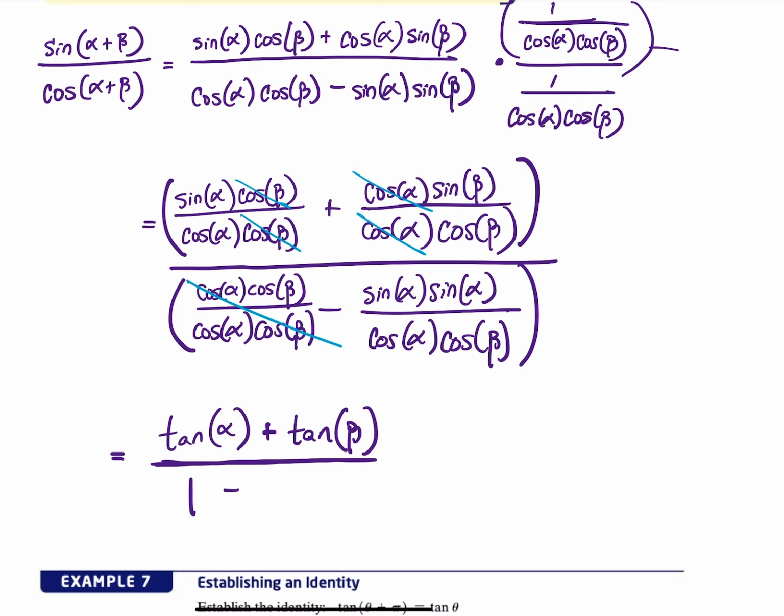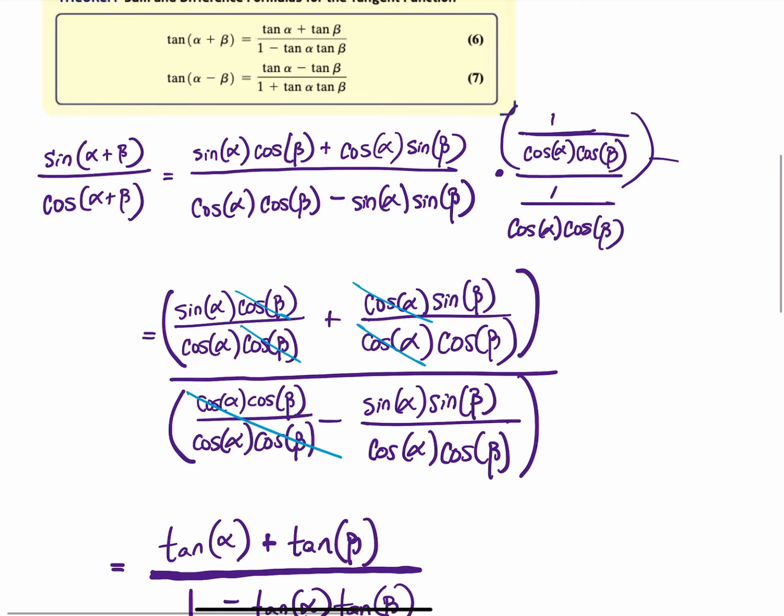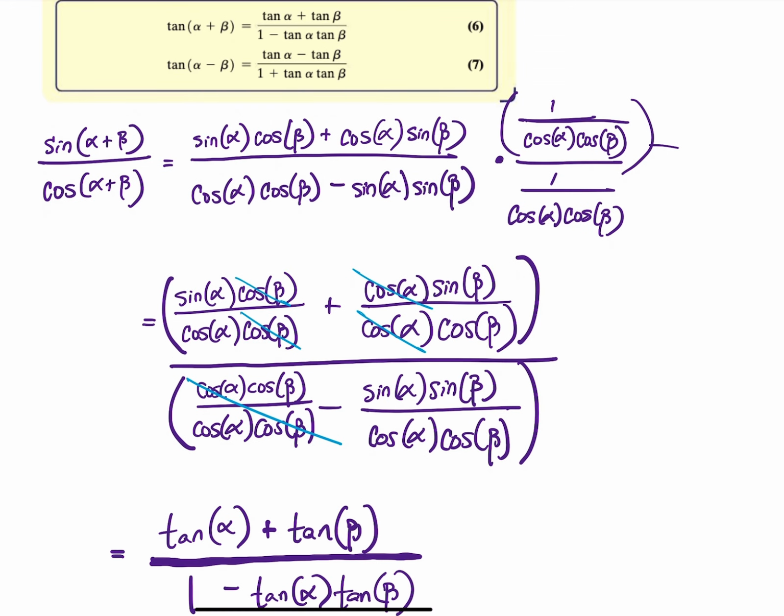We have a minus, and then that second term, we have sine alpha over cosine alpha, so that's tangent alpha. And we also have sine beta over cosine beta, so that will give us a tangent of beta. Which is our first identity, the tangent of alpha plus beta.